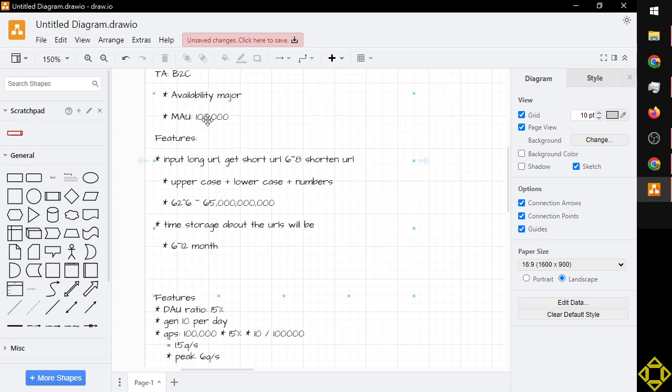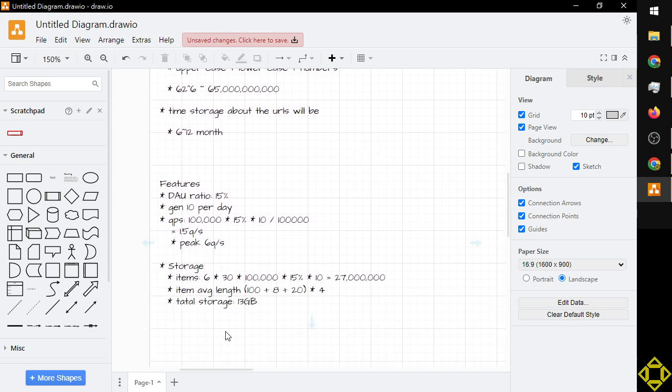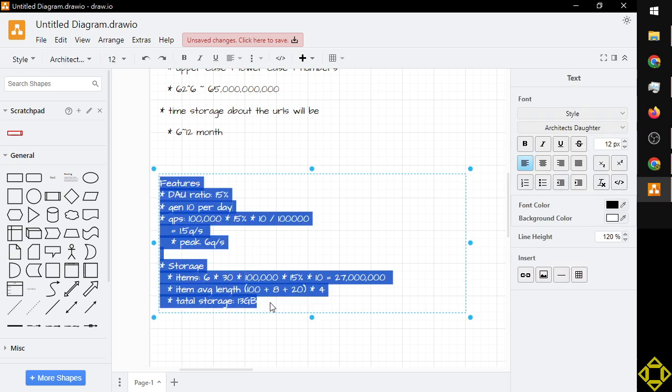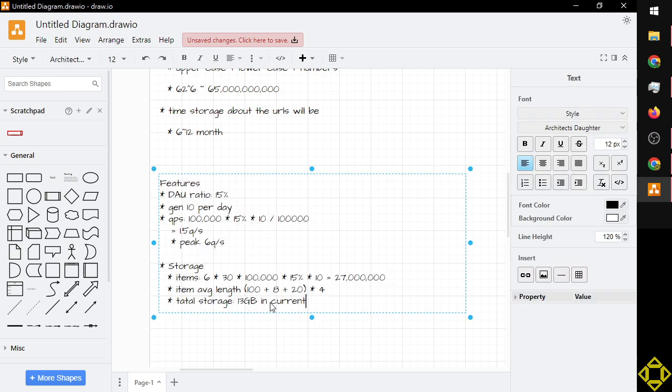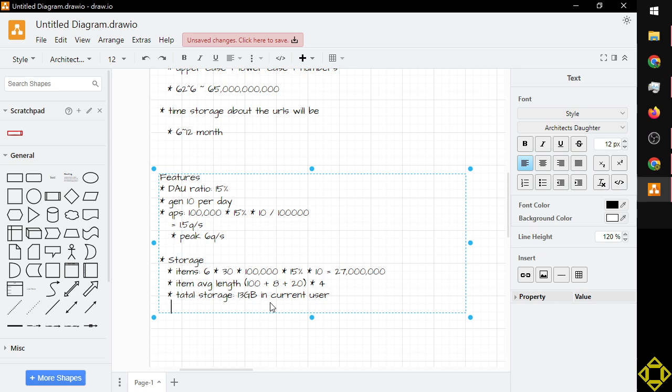So if we want to handle more users, for example 100 million, and also in the future, maybe they will grow 1,000 times, they will become 13 TB.